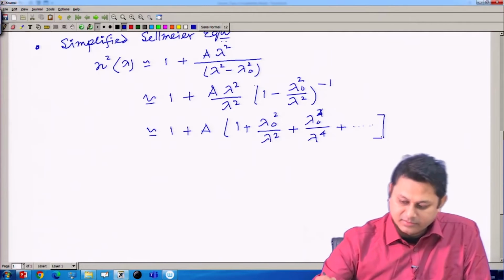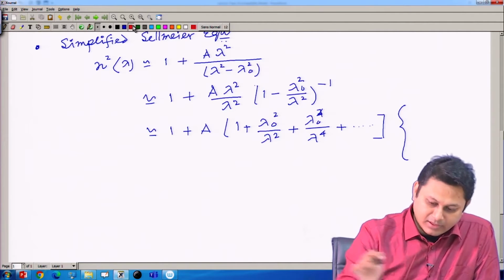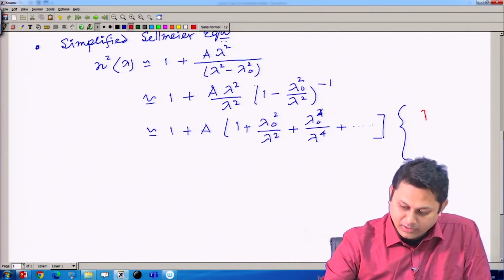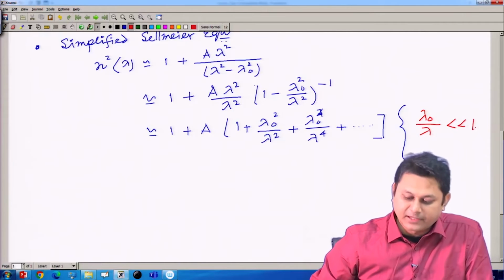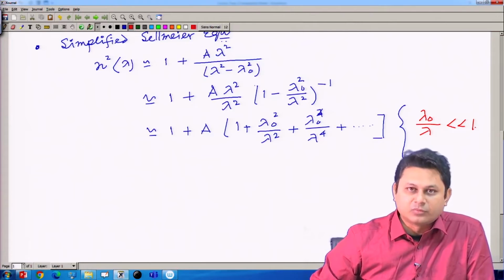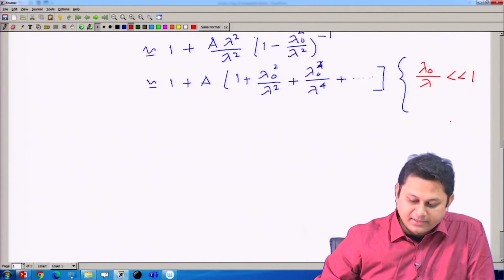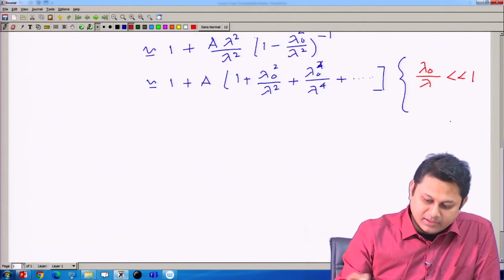One can do that when lambda 0 divided by lambda is very less than 1. That means my working wavelength is far away from the resonance wavelength. In such condition I can write it in this way.